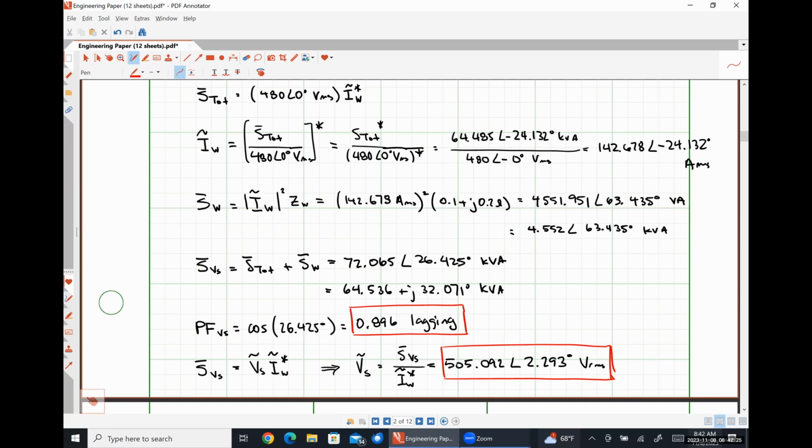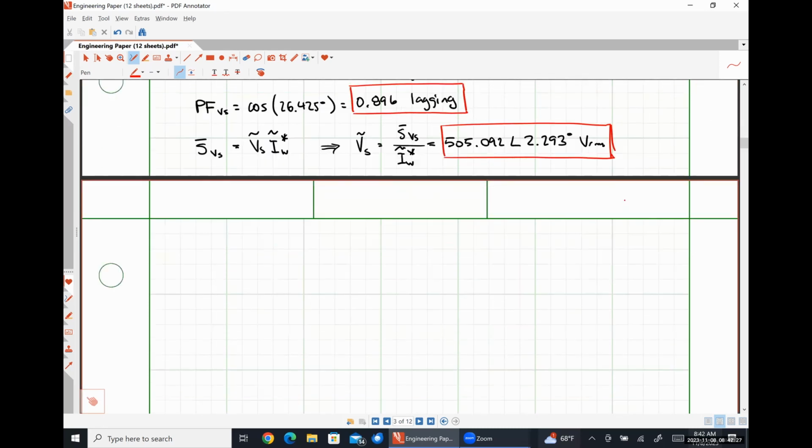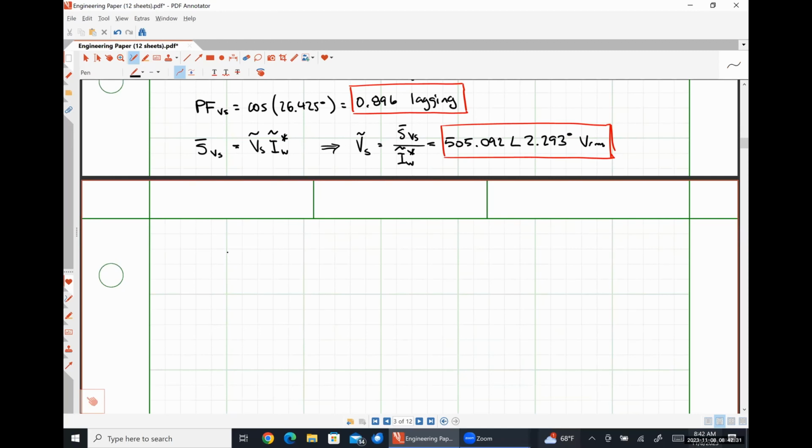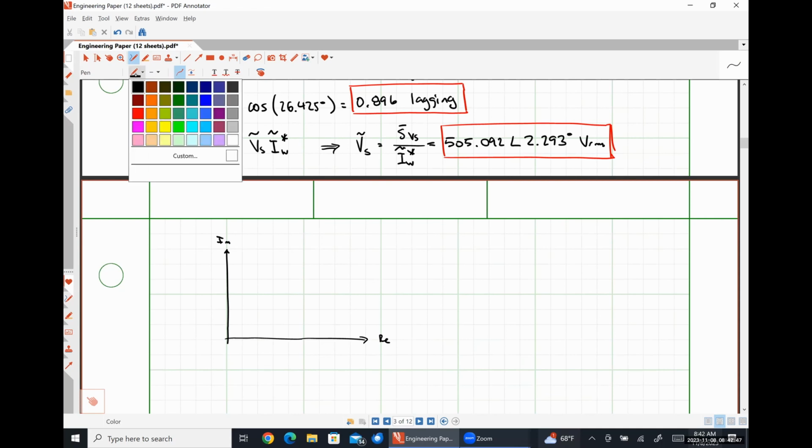So let's look at a graph. This is going to be simply the power triangle for an inductive load. Here is our real axis. Here is our imaginary axis.